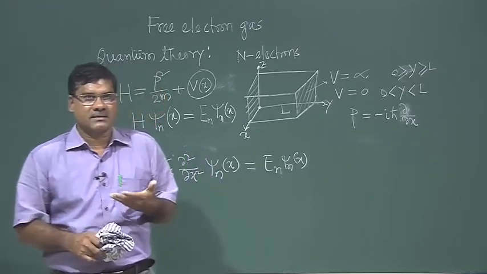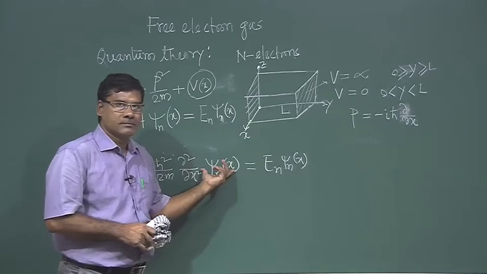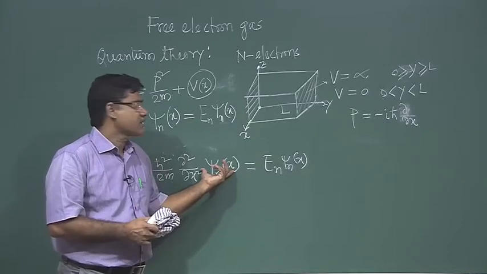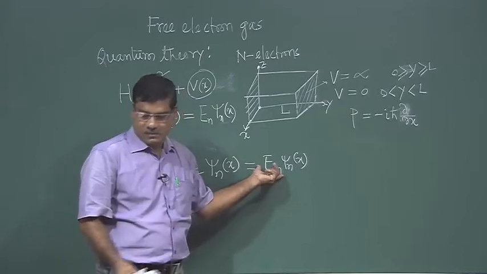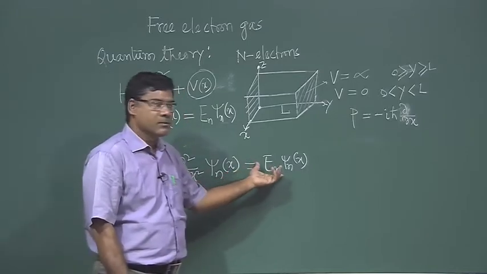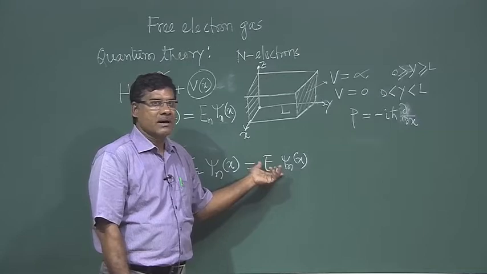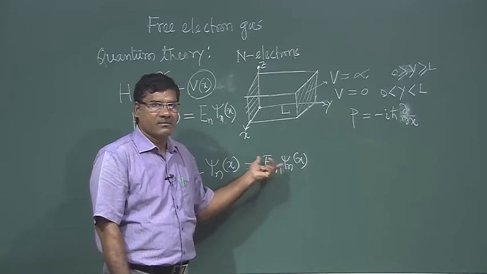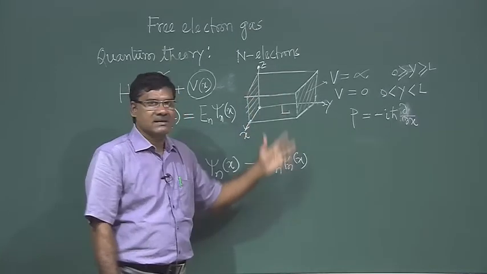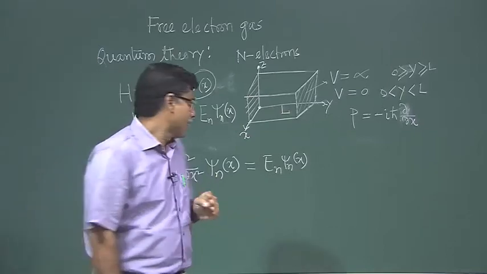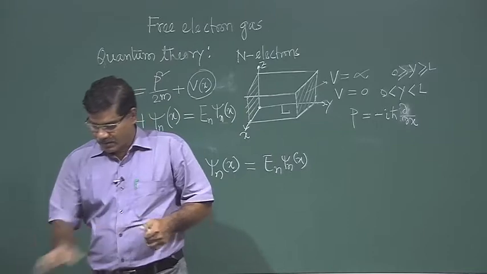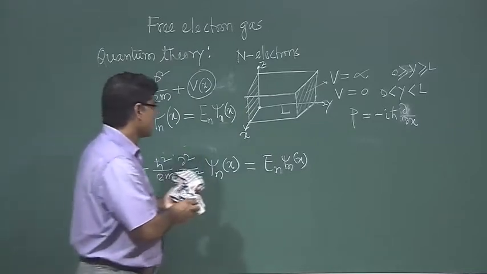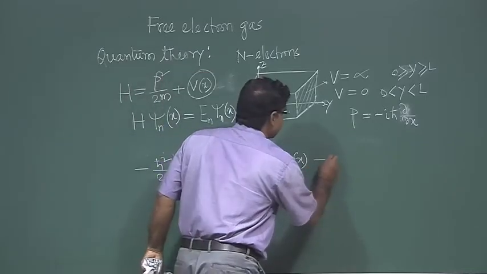That is the task, to find out the form of the wave function for our system, and also the form of the energy En, which I do not know. So one has to solve this Schrödinger equation for our system.